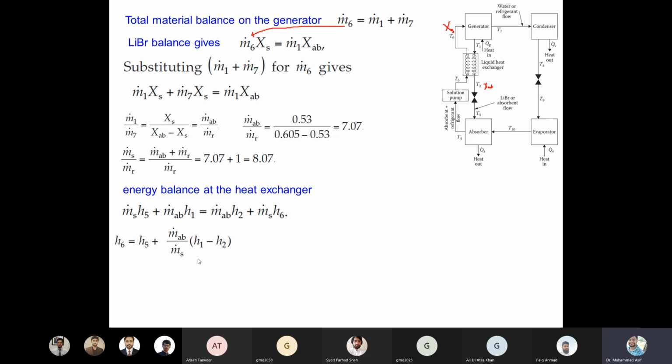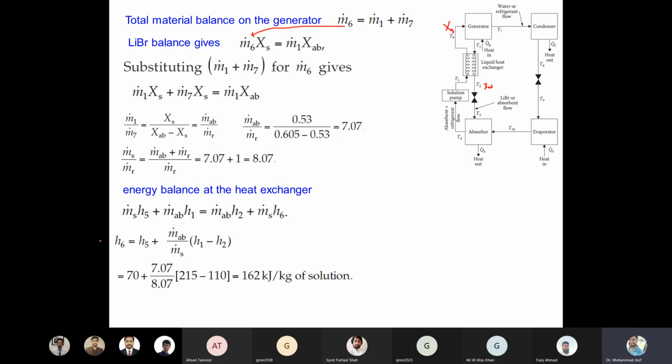That value is 7.07 to 8.07. If we multiply these two, we can get this value. And if we simplify, this is the value of H6 now.